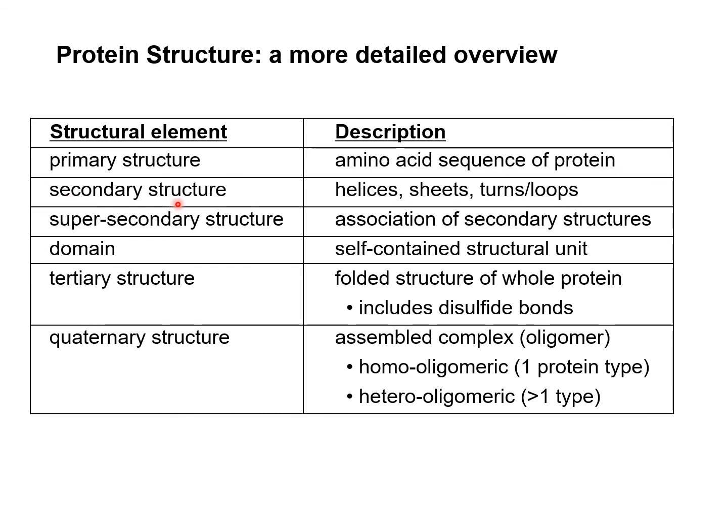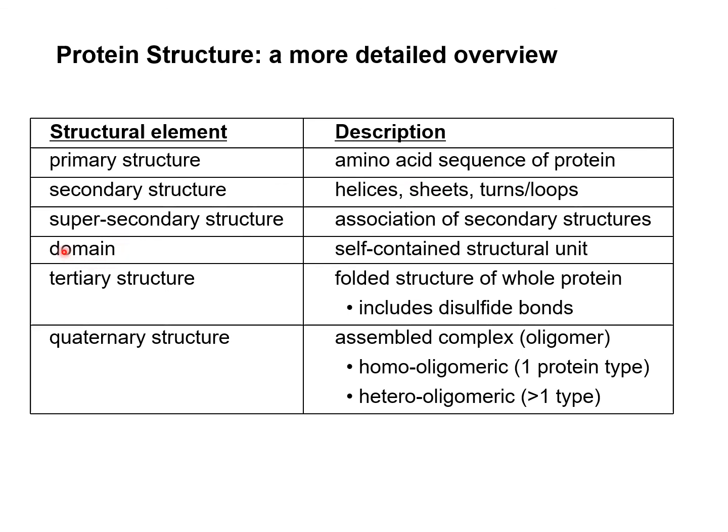And the secondary structures are the alpha helices, beta sheets, and the turns and loops, the particular shape that part of or the whole of the polypeptide makes. And super secondary structure is basically the mixture of these secondary structures, so association of secondary structures such as alpha helices and beta sheets together.